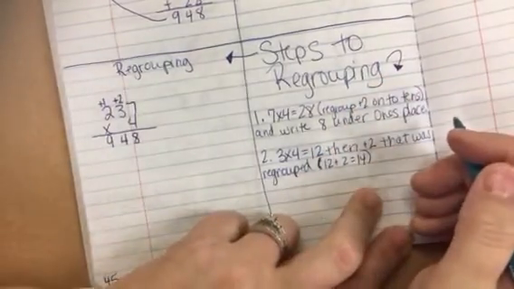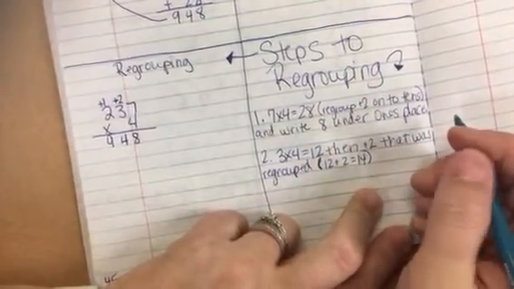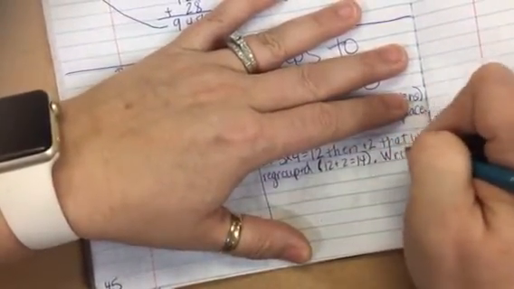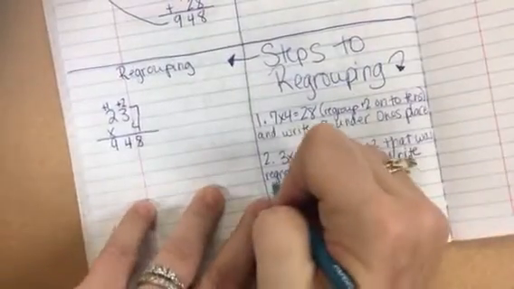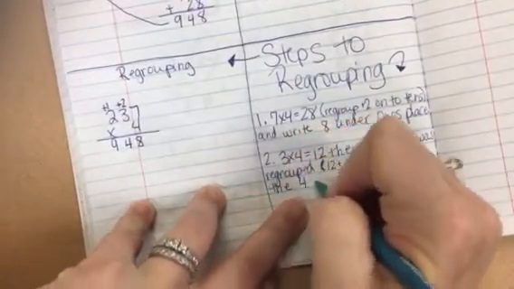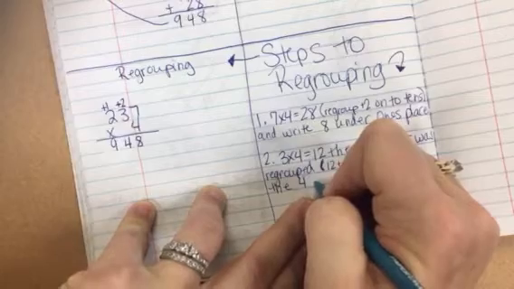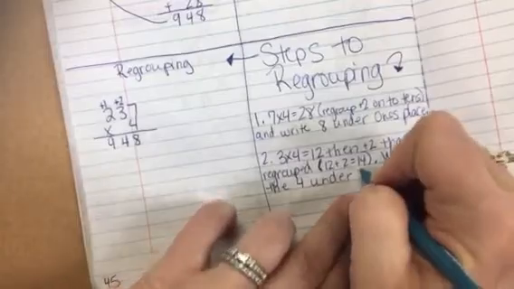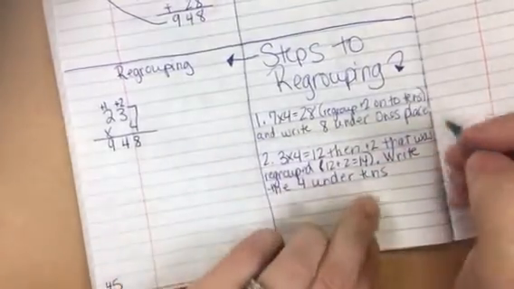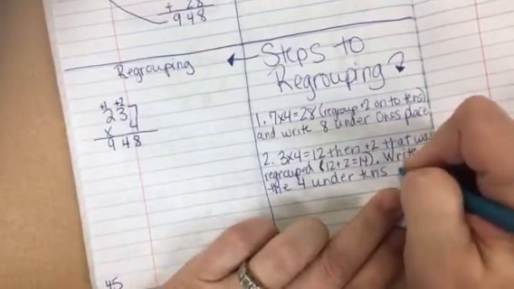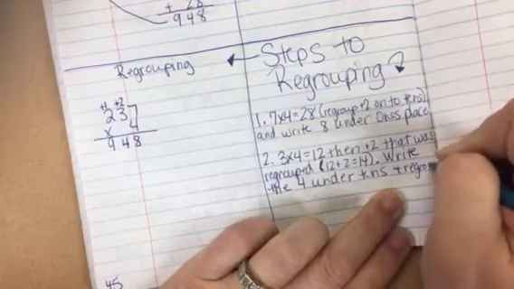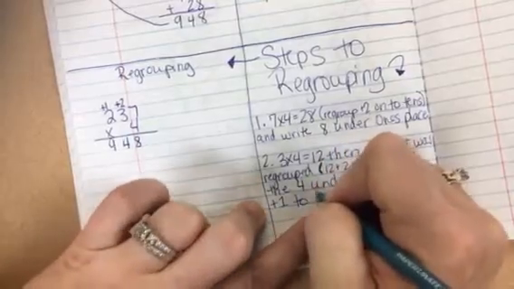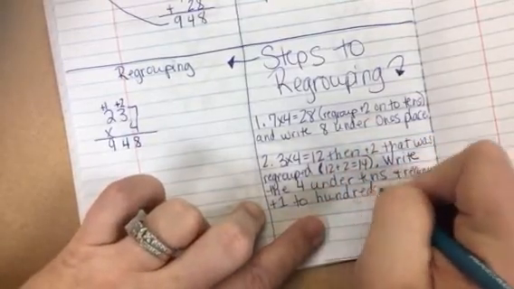Okay. So I will write the 4 under the tens. And regroup the +1 to hundreds. Okay.